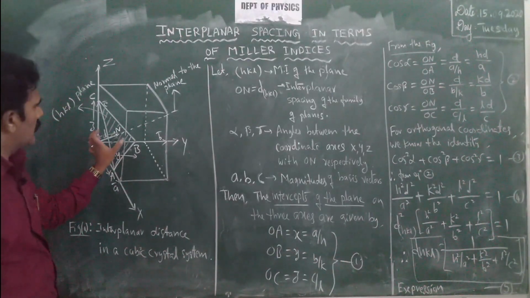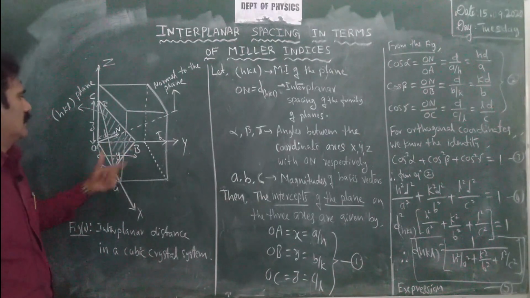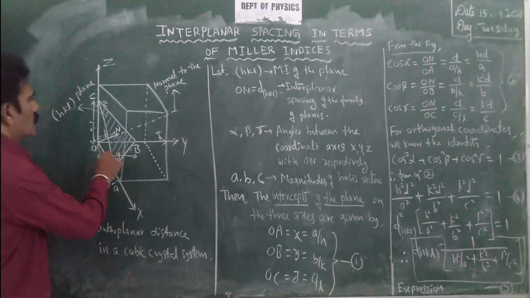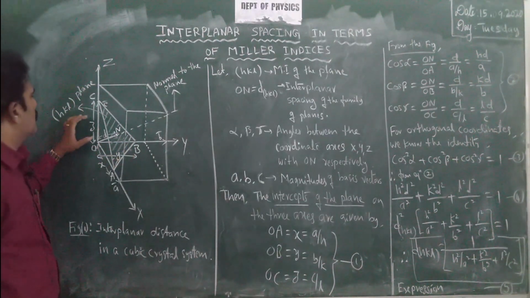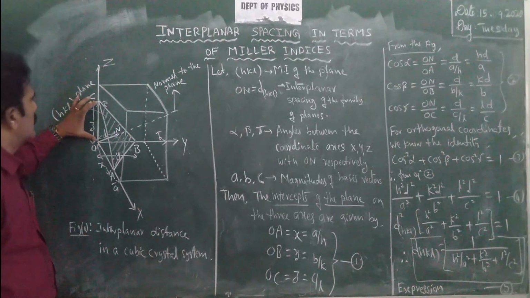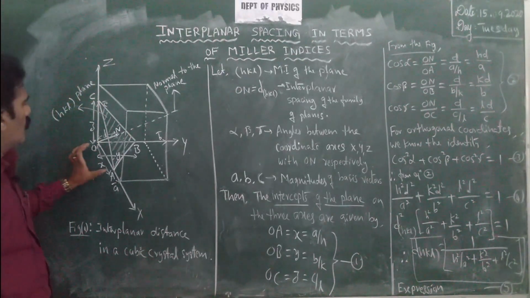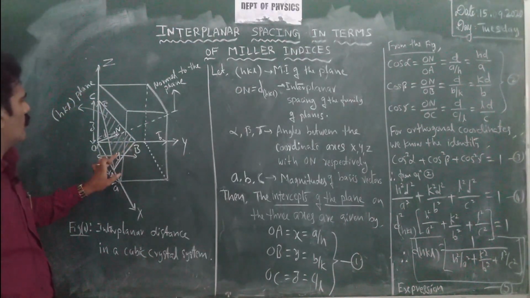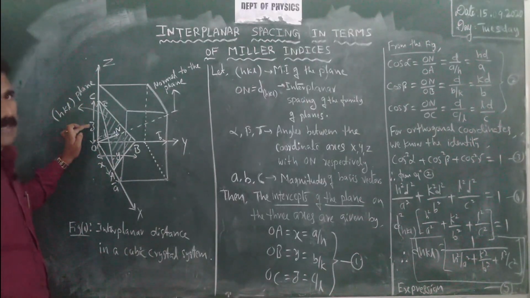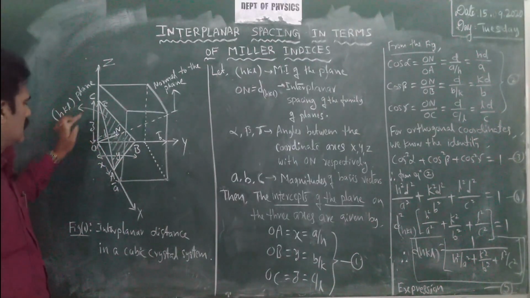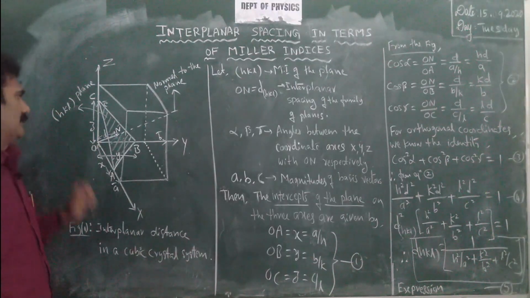Similarly, the intercept of the plane along the y-axis is small y, O to B. Similarly, the intercept of the plane along the z-axis, OC, is small z. OA is equal to x, OB is equal to y, OC is equal to z. So x, y, z are the intercepts of the plane.